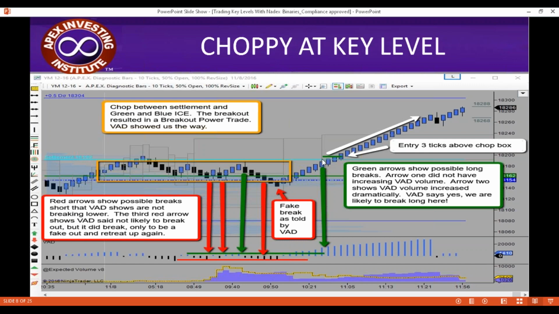Well, with Nadex, we know that we've got a binary that's going to expire at when? 11 a.m., right? 15 minutes later. Right? Everybody understand that? So we know the market's probably going to move fast out of this chop area. But we've only got 15 minutes left till 11 o'clock.